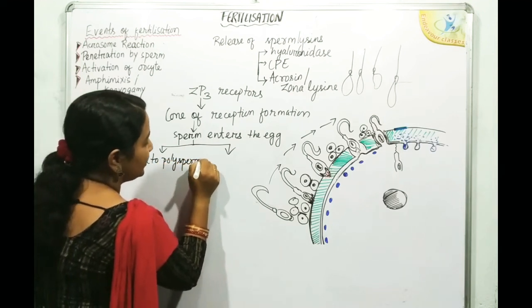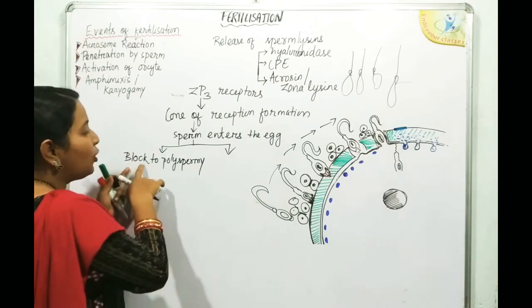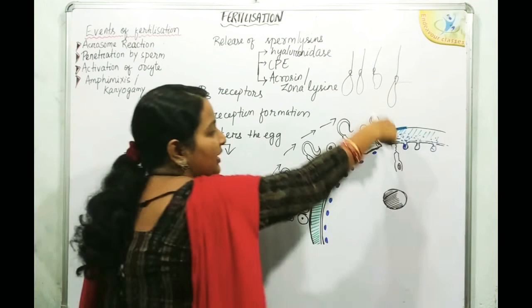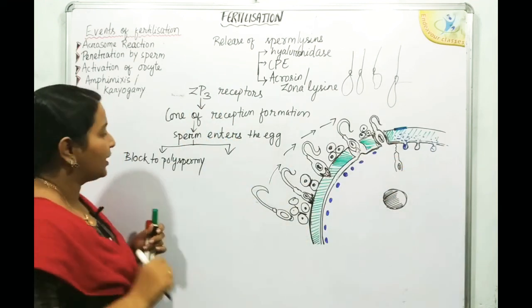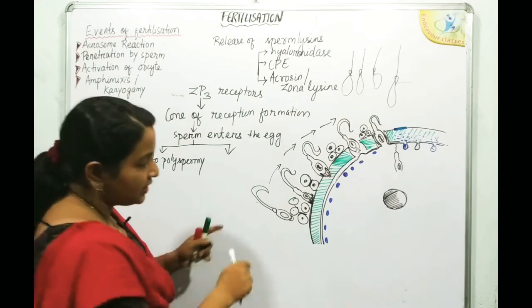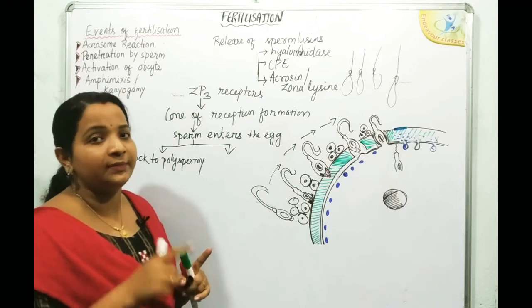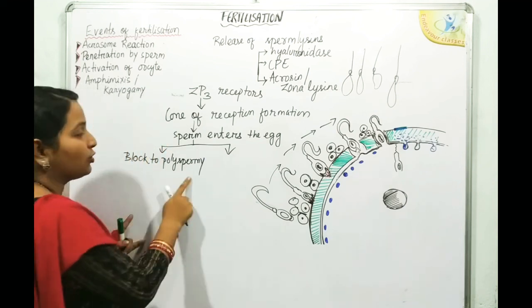Polyspermy is entrance of more than one sperm. So there is block to polyspermy soon after entrance of the first sperm. Why is there block to polyspermy? I have already discussed that if more than one sperm enters, then the chromosome number of the zygote will be disturbed.